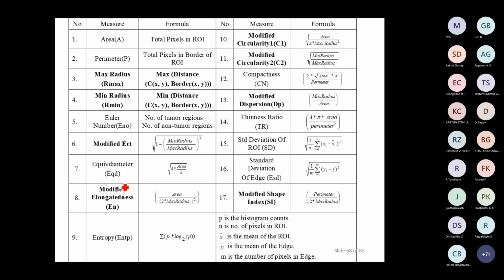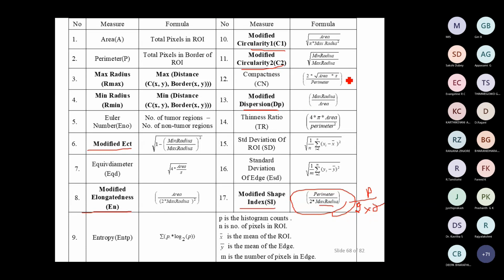What we considered is we created a new set of features. We modified the existing feature set. We created a circularity, a modified circularity. These are the new features we introduced, which are not there in the literature. Actually, if you take a shape index, the actual one is perimeter by 2 into r. But instead of taking the average mean radius, we used the max radius.